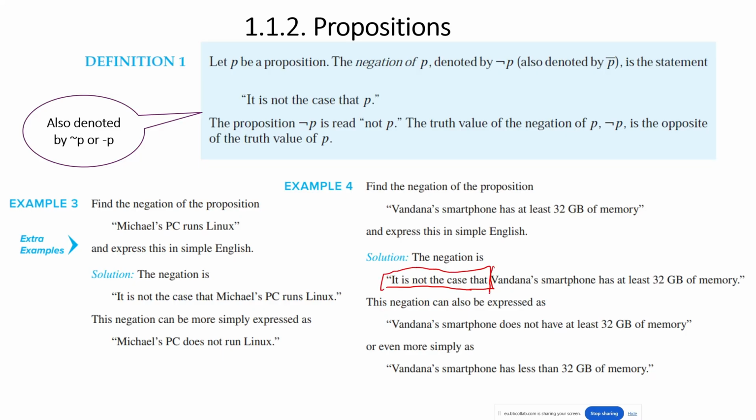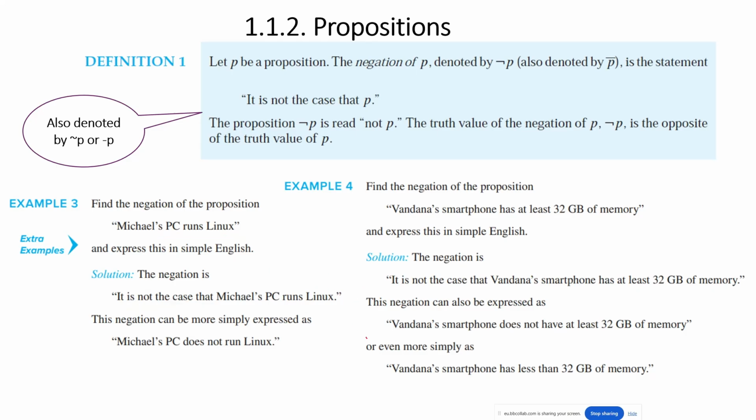You can keep this part, which is our P, this sentence, and all you need to do is add "it's not the case that" in front, and then state the exact same sentence. So that is the negation.